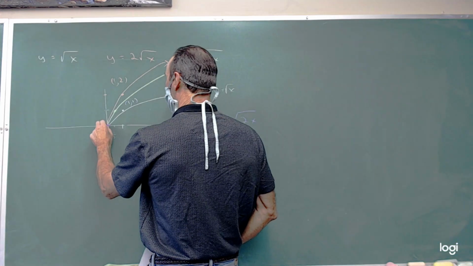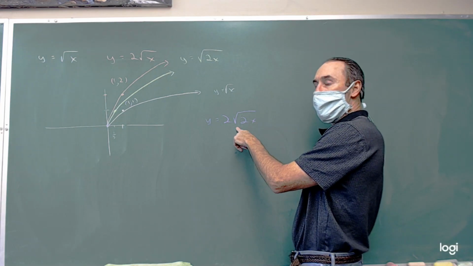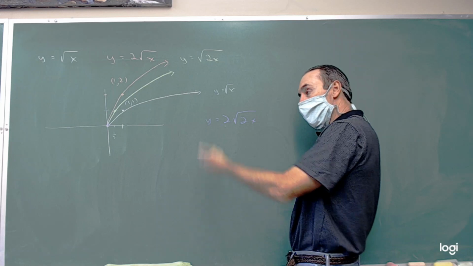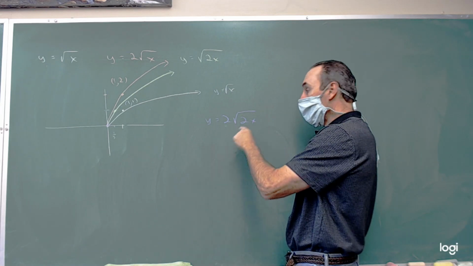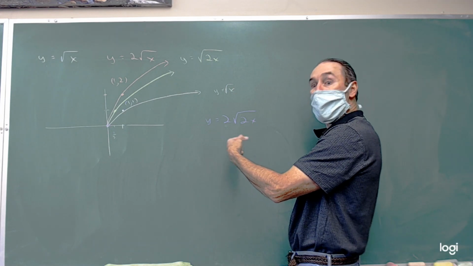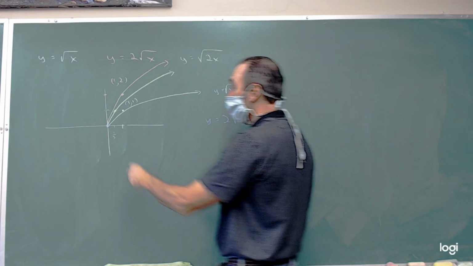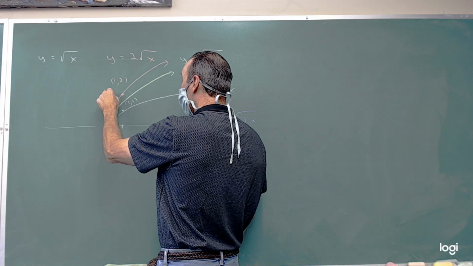So again, we're going to have that (0, 0), but now for only one time, we can rise, we can go up and stretch that. Instead of going up 1, we're going to go up 2. Instead of going over 1, because this is a shrink, we're going to go over a half. Does that make sense? So from this point, we can go up 2 and over a half.